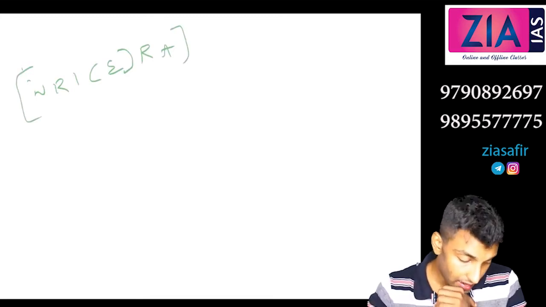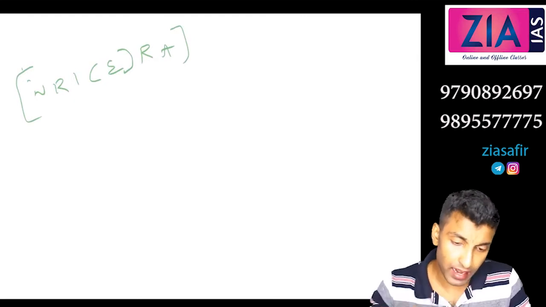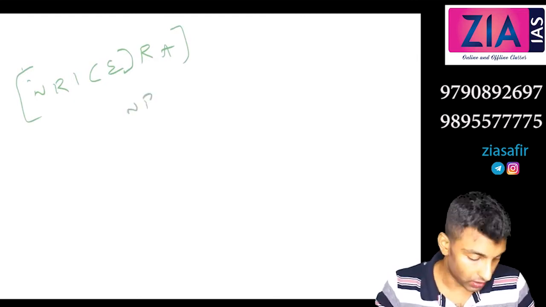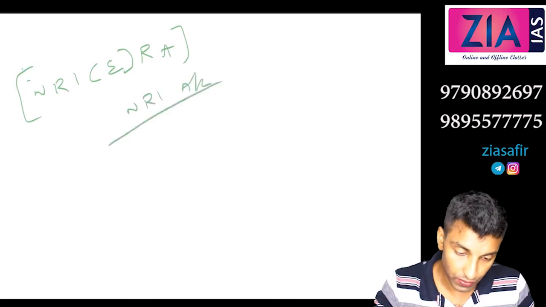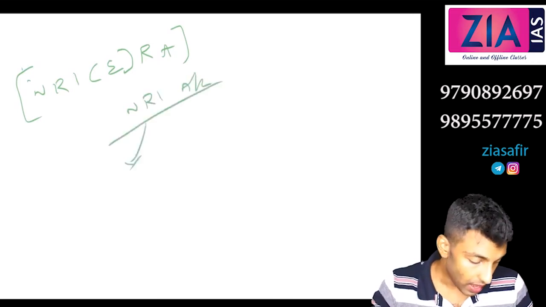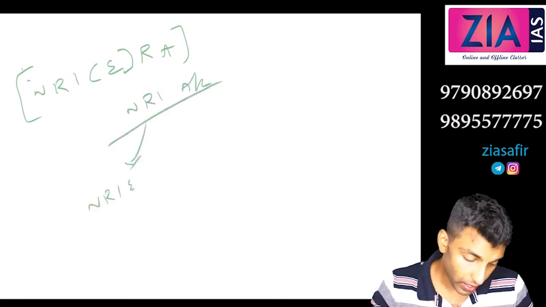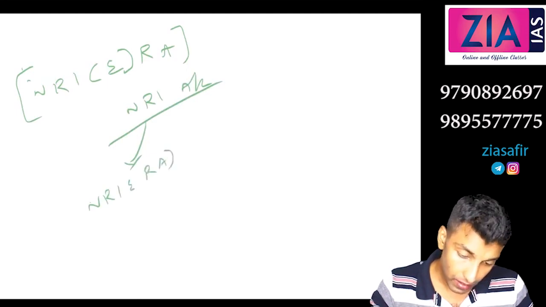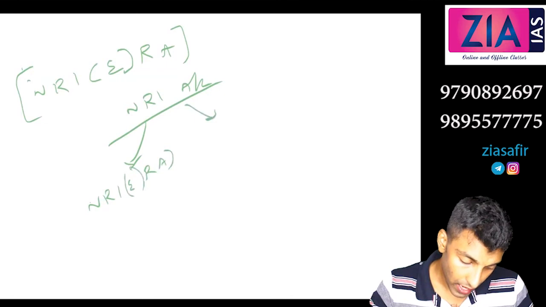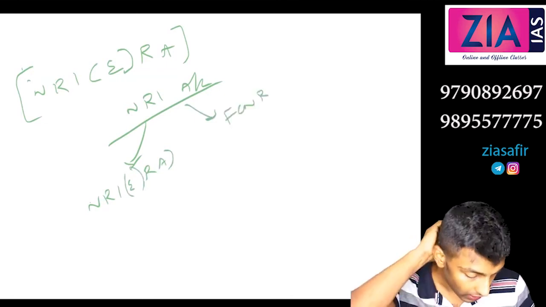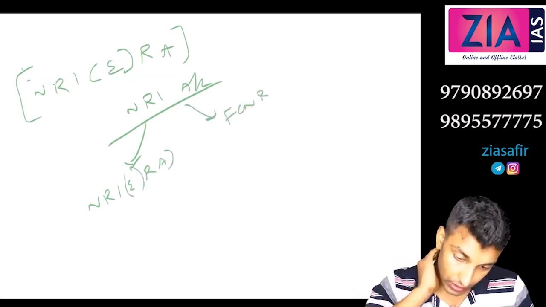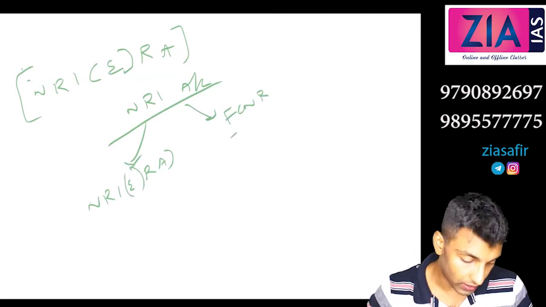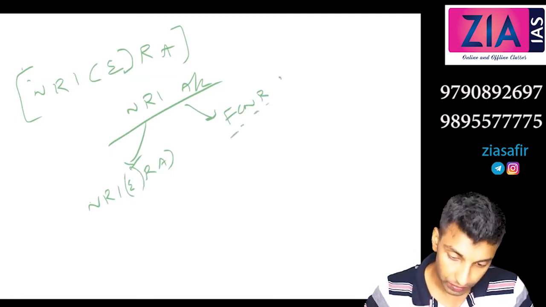See, NRI accounts, there are two types of account. The first one is what we have discussed, the NRI external rupee account, and then you have FCNR, the foreign currency non-resident bank account. So just write there, foreign currency non-resident bank account, FCNRB.